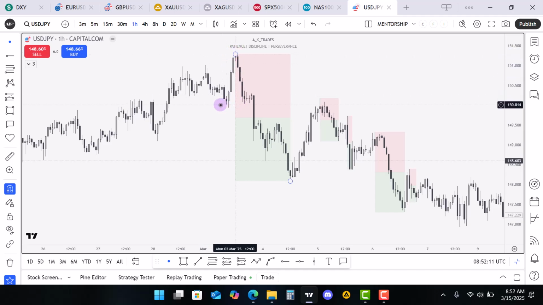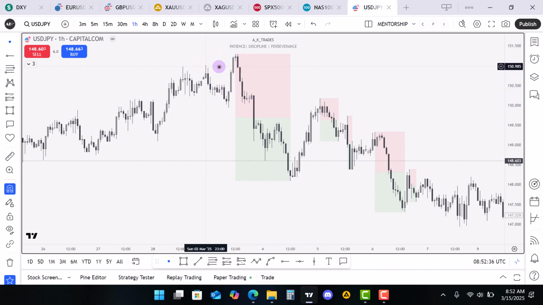There was a shift in market structure at this point. That informed us that the market is actually switching from a bullish market into a bearish market. So after this move, you can see that there were lower highs, lower lows, lower highs, and then lower lows that were created in the market, signifying a bearish market trend.